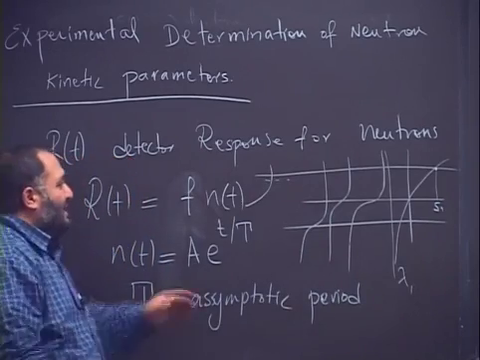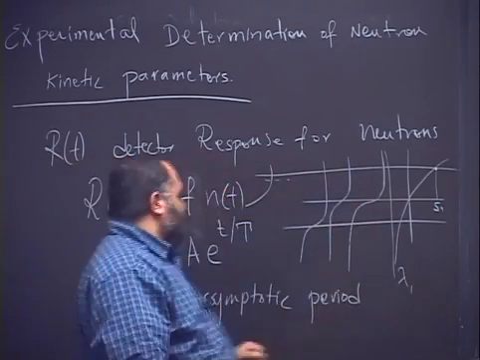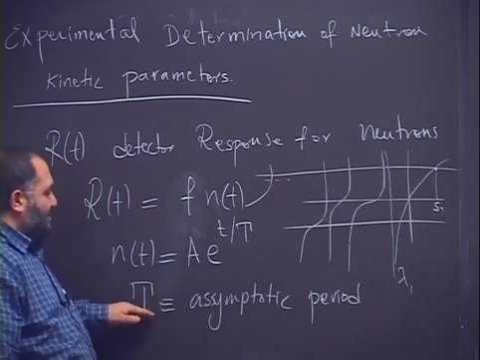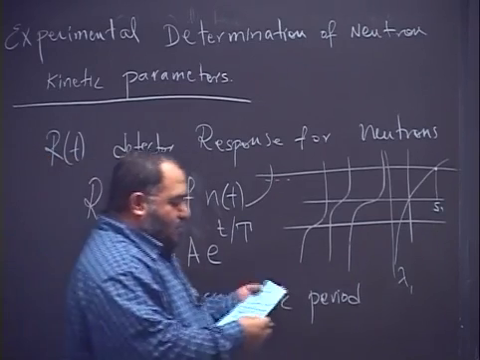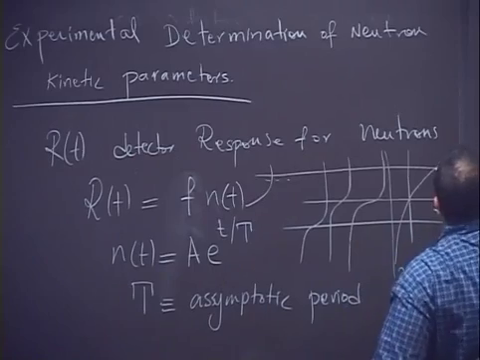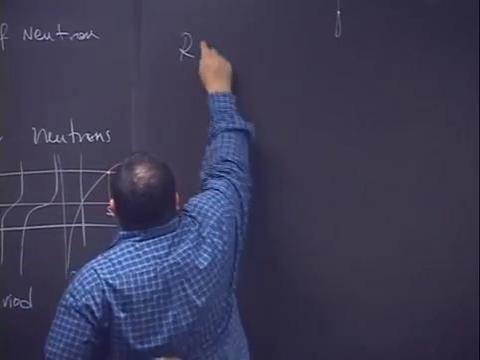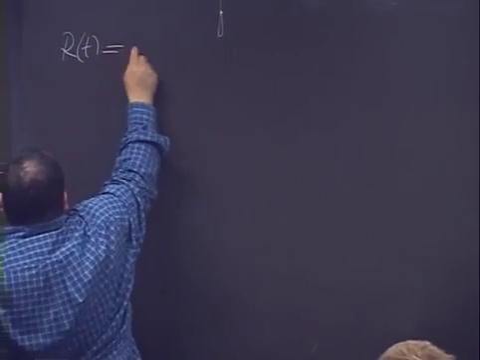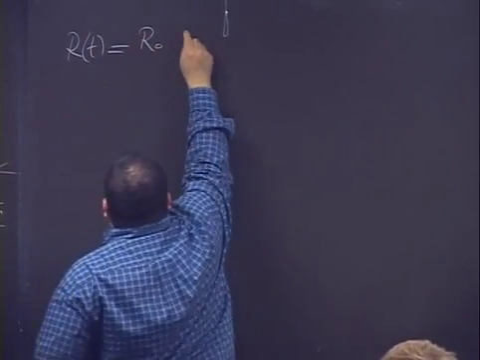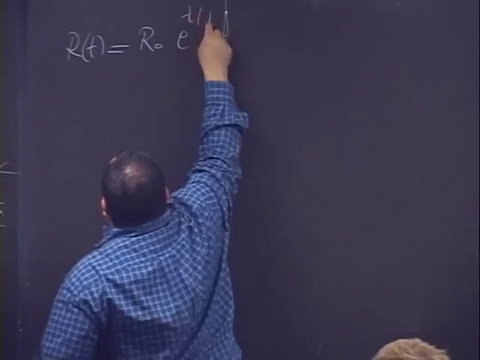So we are talking about the case where we have a positive reactivity insertion, and this is the asymptotic period here. So again, if you multiply both sides of this equation by the function here, you will have R of t equal to R naught e to the power of t over tau.